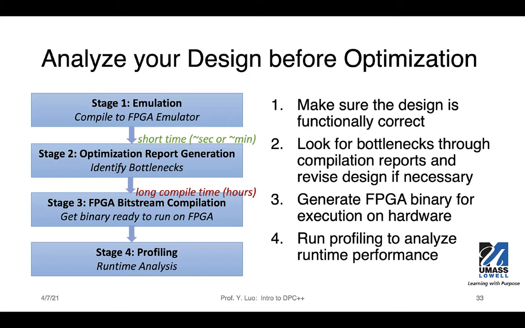In the process of generating FPGA bit streams, we can add profiling instrument registers to make it possible to collect performance data at runtime. And that's what we're going to do here. If we do that, we will be able to execute the binary and then collect performance data at runtime.